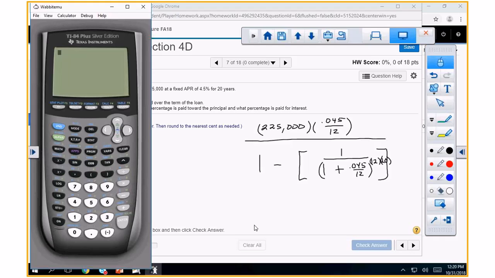Now, let's do 0.045 divided by 12, equals, plus 1, equals, raised to the what? 240th power? Yes or no? 12 times 20 should be 240. Where did 20 come from? 20 years. Oh, I see.